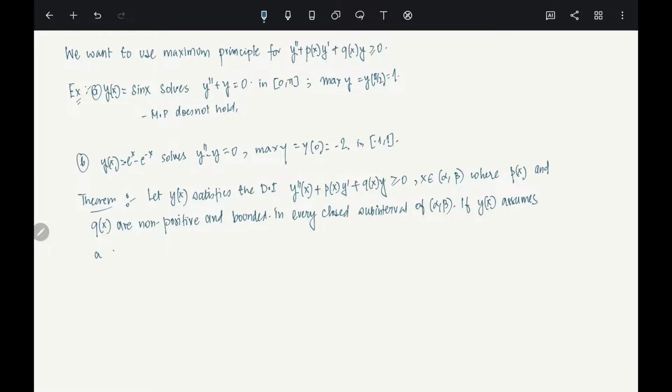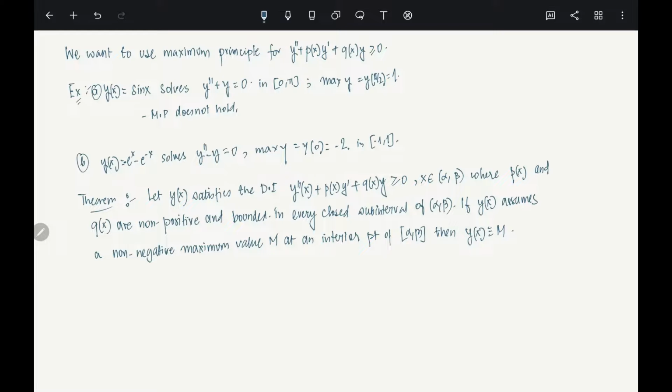Now, if y(x) assumes a non-negative maximum value m at an interior point of the closed interval alpha beta, then y(x) is identically equal to m.